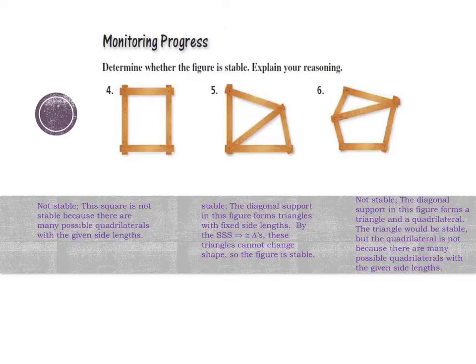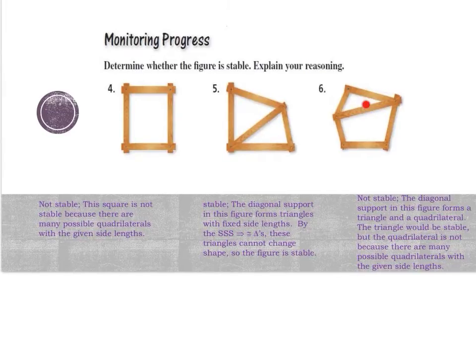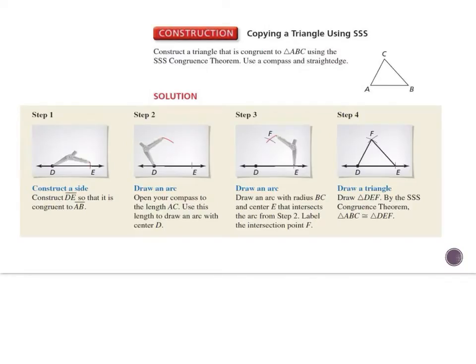So in conclusion, if your figure is split such that there are triangles only, then you have stability. But if you split and have a combination of triangles and quadrilaterals or just quadrilaterals, then it will not be enough to be supportable.